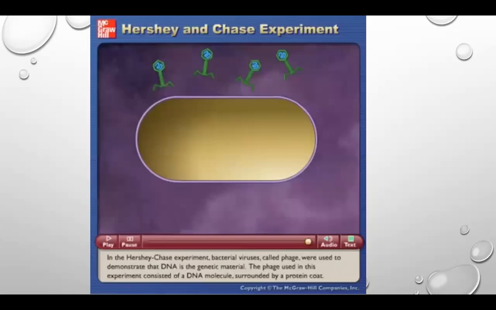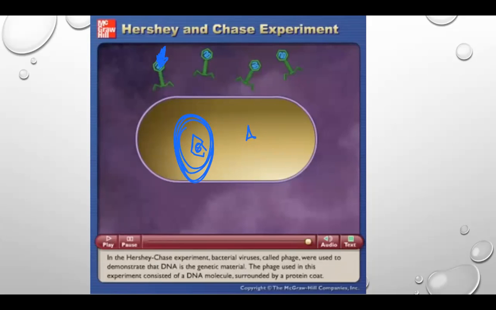Okay, so to summarize, in the second part of their experiment, when they labeled the DNA with phosphorus, any new viruses made using this labeled DNA would carry the label. So all they had to do was look at the new viruses in the bacteria and see whether they were labeled with sulfur or phosphorus.